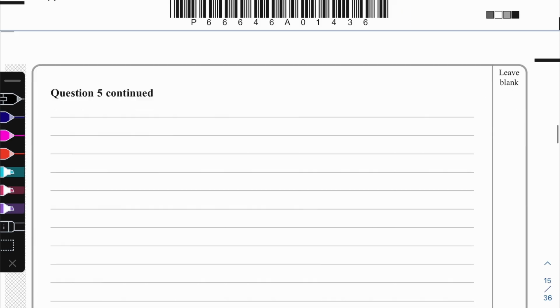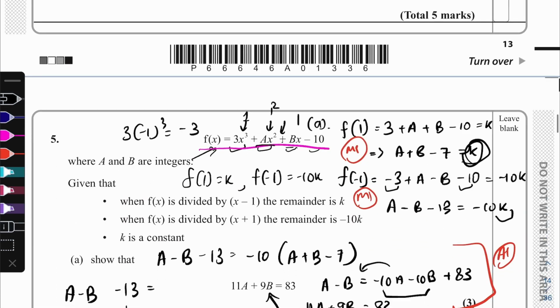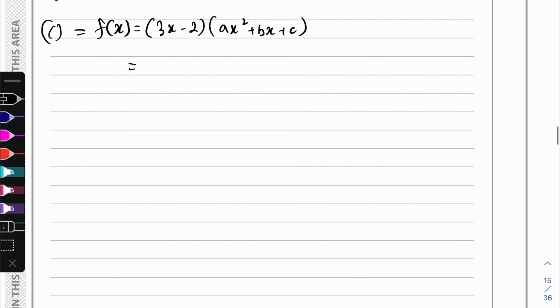So what are they really saying? They're saying that f of x equals (3x minus 2)(ax squared plus bx plus c). This is equal to, now let's go back to the original equation. So it's 3x cubed plus ax squared.